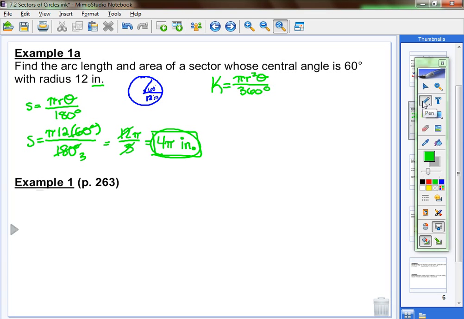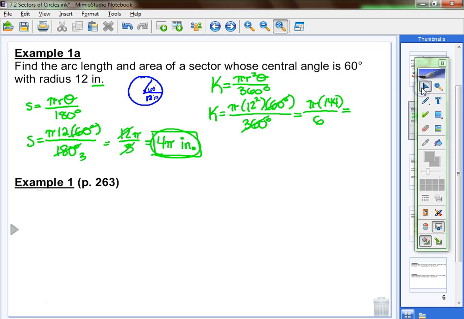So that means that the area will be pi times 12 squared times 60 degrees, all over 360 degrees. You should be able to see that 60 can divide into 360 and we'll get pi times 144, because that's 12 squared, over 6. And then 144 divided by 6.